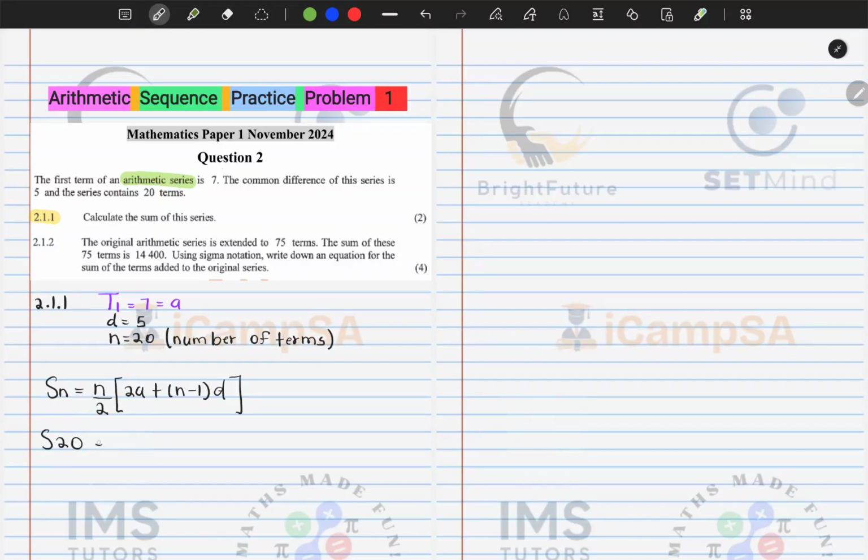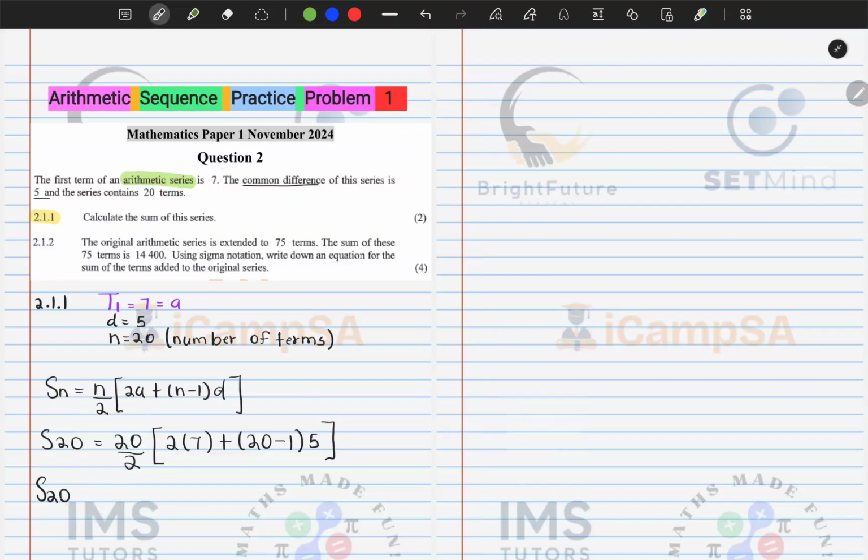This is just going to be 20 over 2 times 2 times a, our a is 7, plus 20 terms minus 1 times the common difference, which was given as 5.